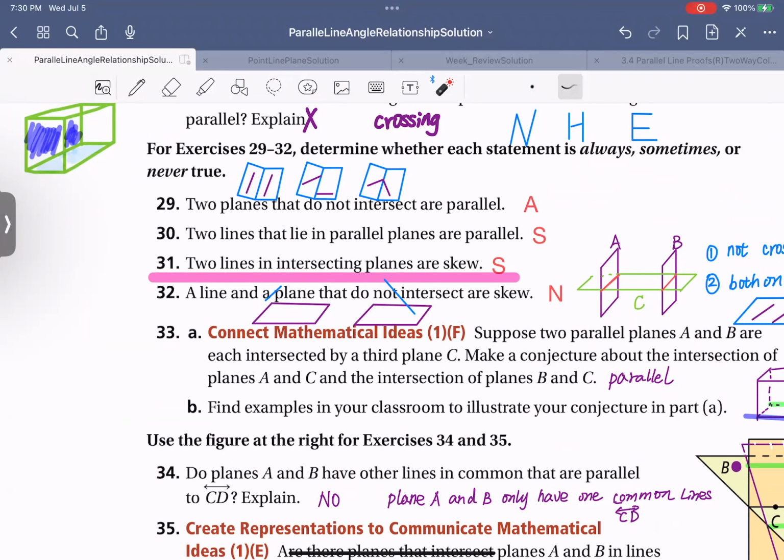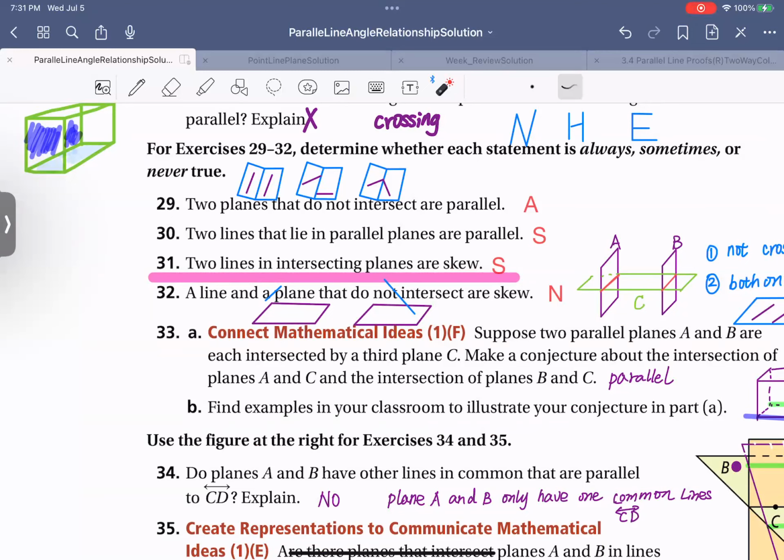And then let's see number 31. Two lines in intersecting planes are skew lines. So how do we do this? Well, you still can use these two hands. You can do your two hands and make one pencil in one hand and another pencil in the other hand.